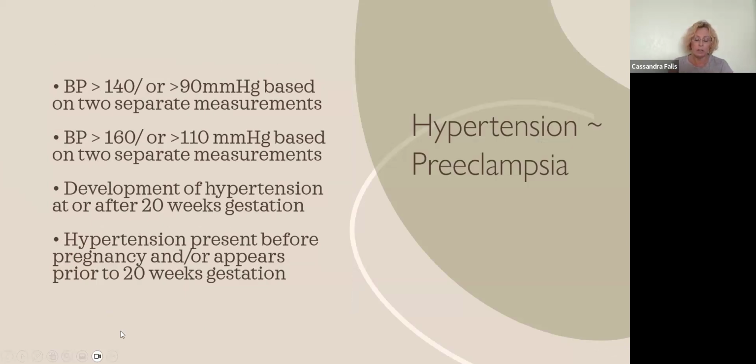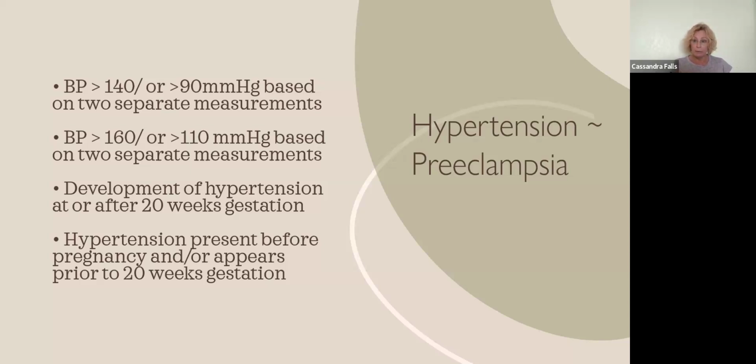Okay, let's talk about some of hypertension and preeclampsia before we move on to a case study scenario. With preeclampsia, you're going to see some other symptoms that follow along with it. In order to make that diagnosis, one of the things that we see is proteinuria, because the kidneys are not being perfused well.